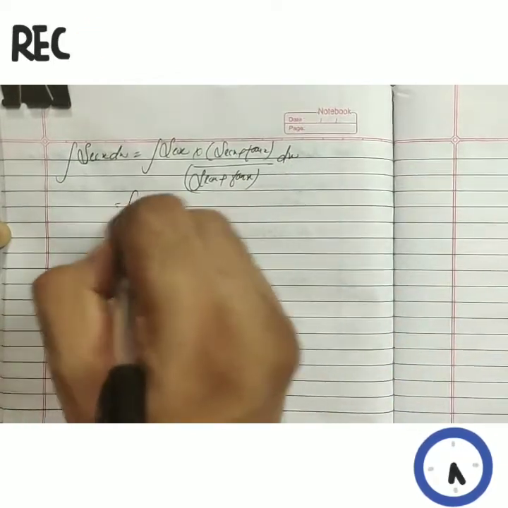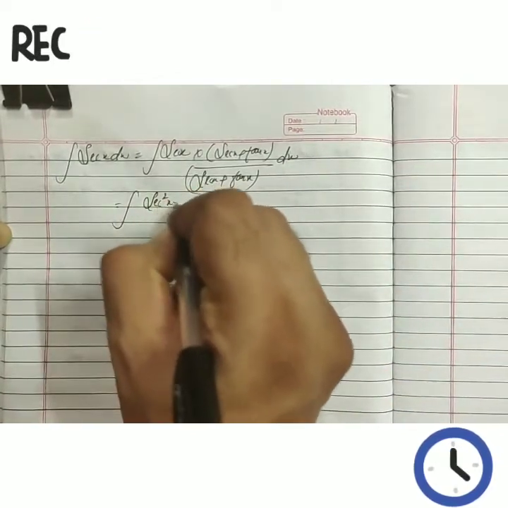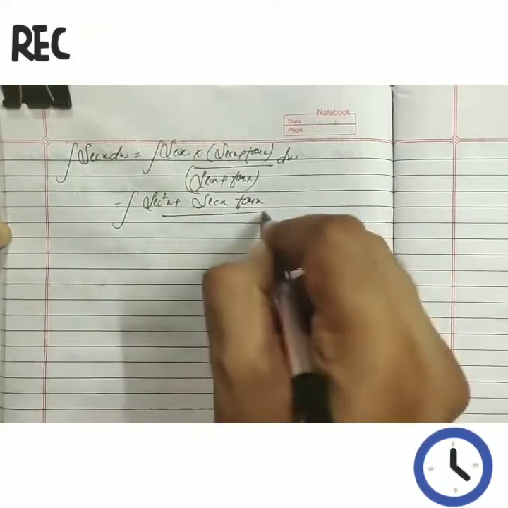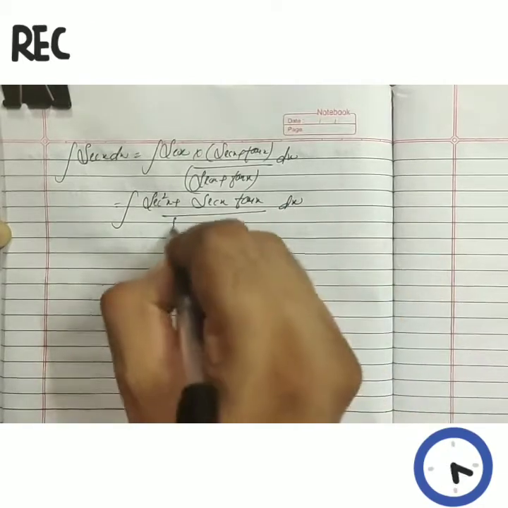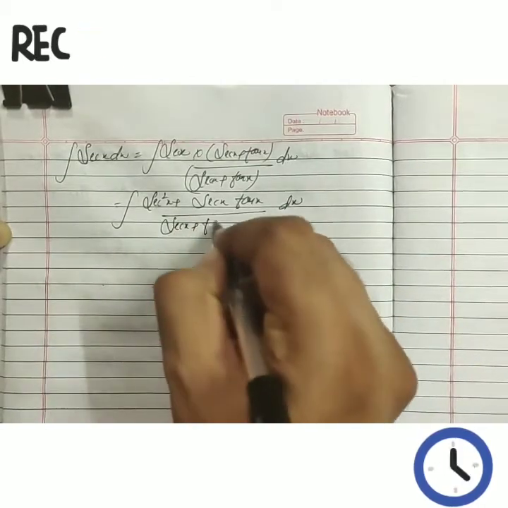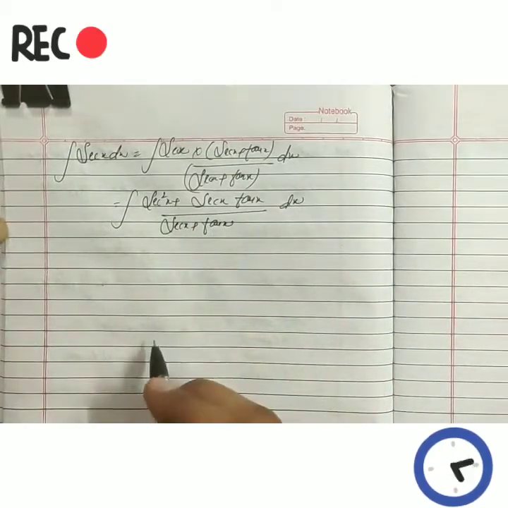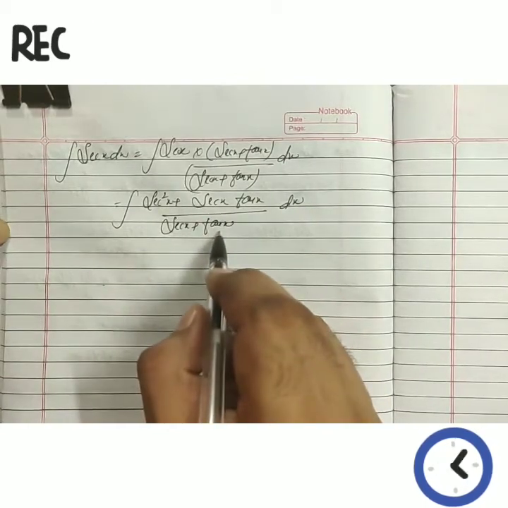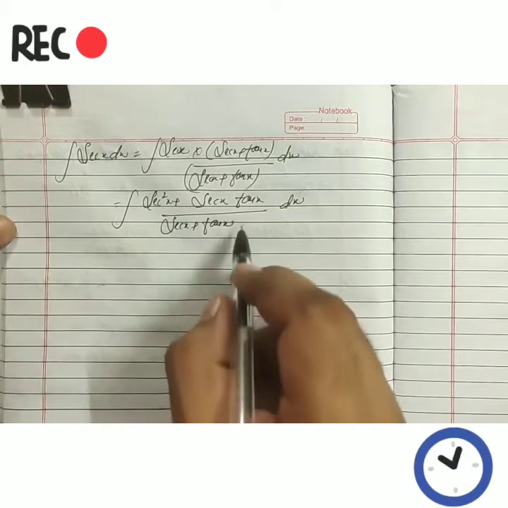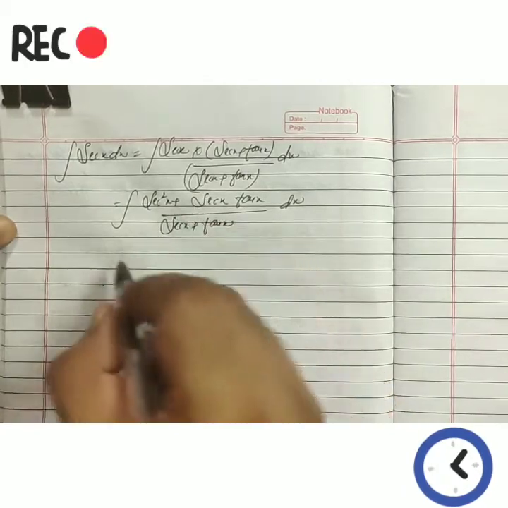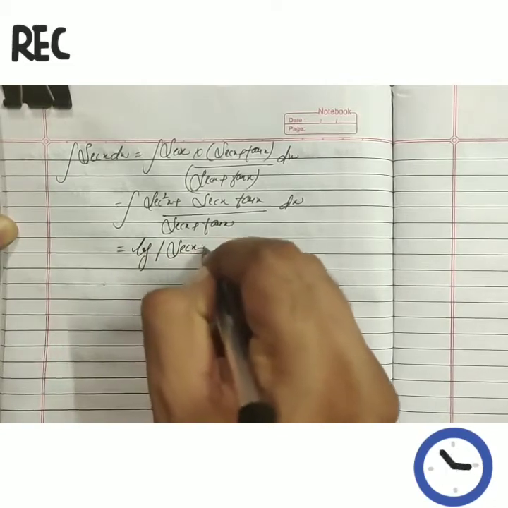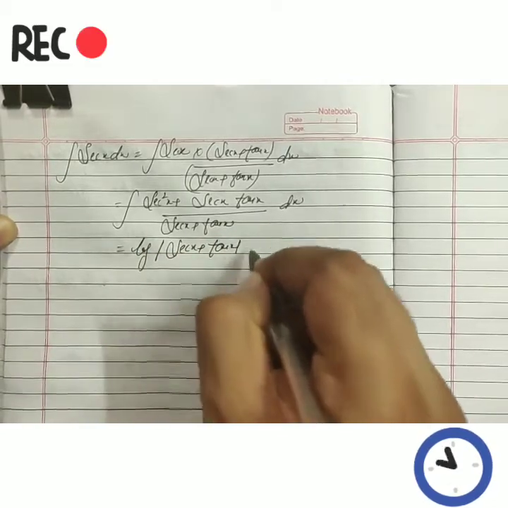If you open the bracket in the numerator, we get secant square x plus secant x tangent x with dx. In the denominator we have secant x plus tangent x. If you see here, the derivative of secant theta is secant theta tangent theta, and the derivative of tangent theta is secant square theta. So the denominator has its derivative upside, and it becomes log of the denominator, meaning log of secant x plus tangent x.